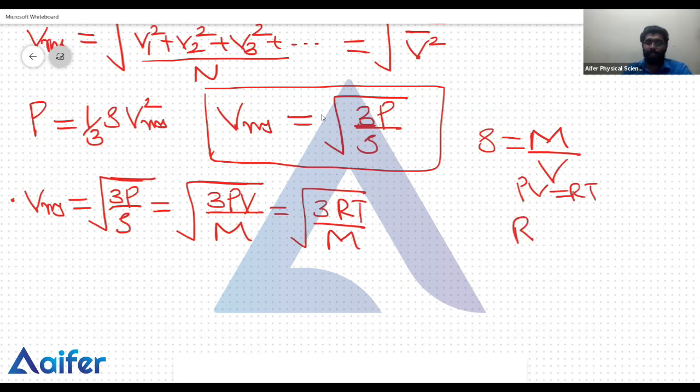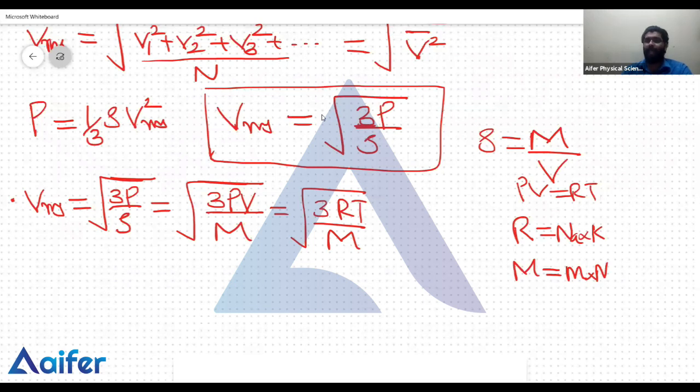Your R is nothing but NA, the Avogadro number, into K. If you rearrange this, capital M is small m into NA for 1 mole.